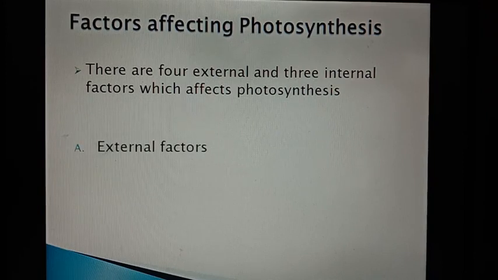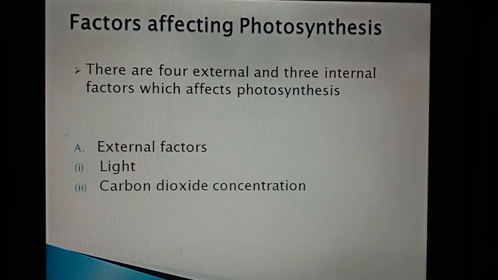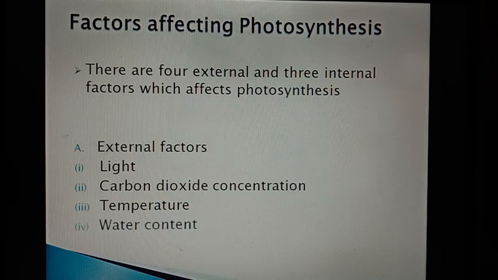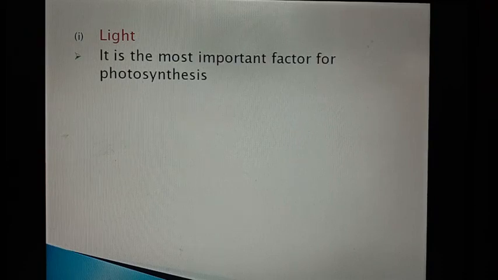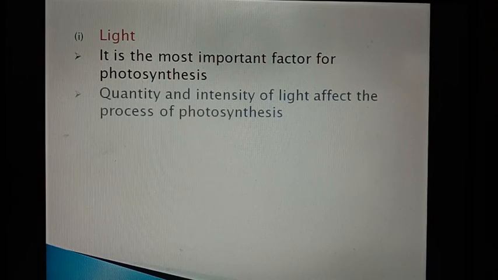External factors: light, carbon dioxide concentration, temperature, and water content. Light is the most important factor for photosynthesis. Quality and intensity of light affect the process of photosynthesis.